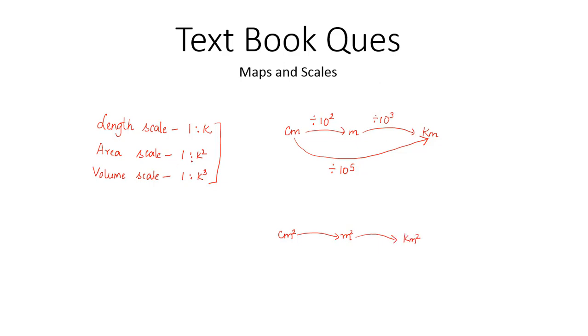Since we know that the area scale is square of the length scale, this division factor becomes 10 raised to the power 4, and that is so because 10 raised power 2 further raised to the power of a square is a 10 raised power 4. Similarly, here 10 raised to the power 6. And again, if I'm looking for a direct conversion of a centimeter square area to a kilometer square, it becomes divided by 10 raised to the power 10, because 10 raised power 5 further raised to the power of a square is 10 raised to the power 10.